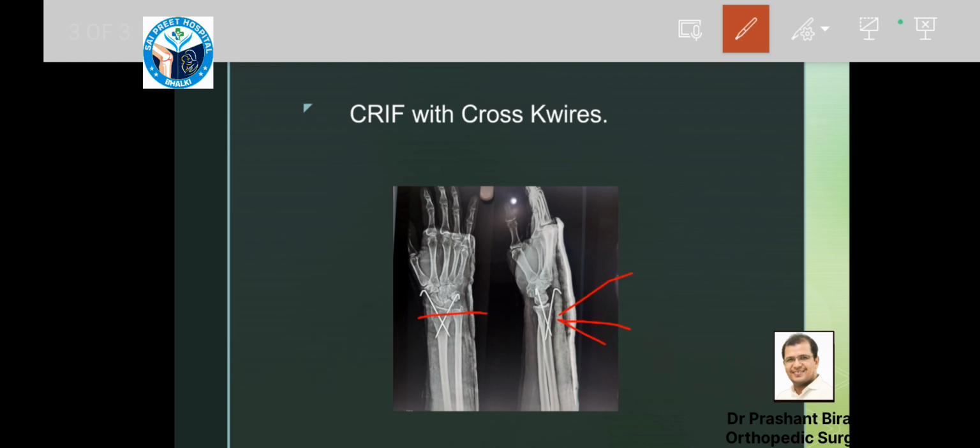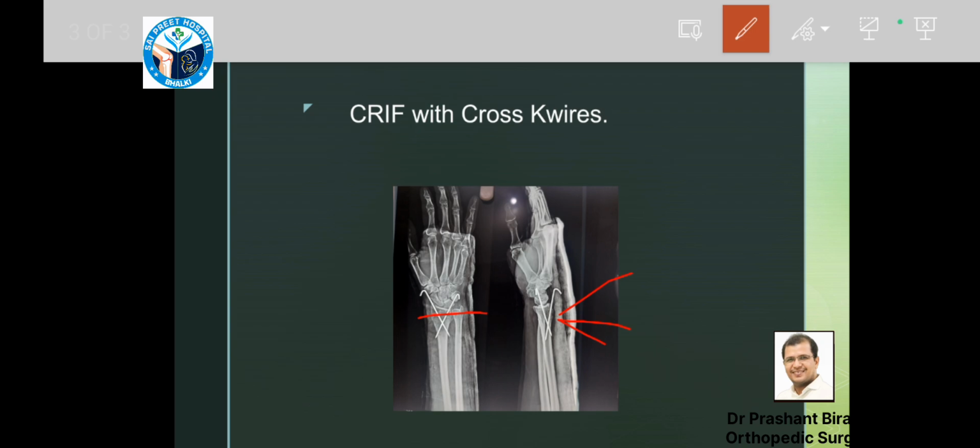What are the complications of this type of fracture? If the patient does not take proper treatment, the fracture will unite in the wrong position, which we call malunion. Second, sometimes patients go to quacks and get massaged, because of which the stiffness increases and there are chances of continuous pain for a long time, sometimes lifelong also.